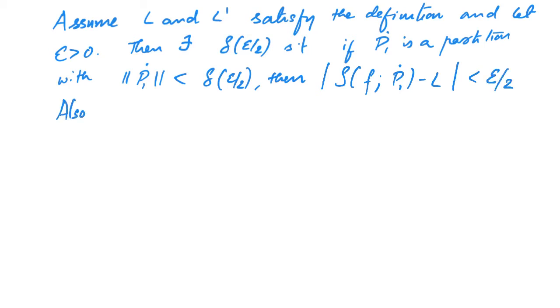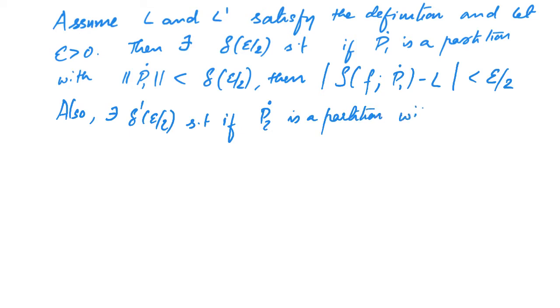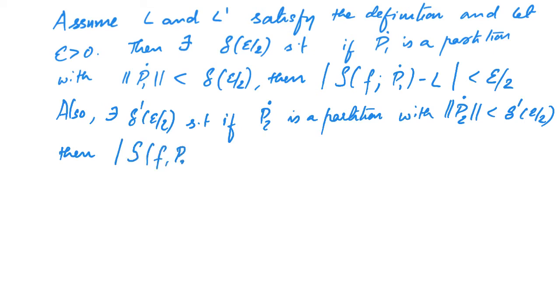Also, there exists delta dash of epsilon by 2 such that if P2 dot is a partition with norm of P2 dot less than delta dash of epsilon by 2, then mod of S of f, P2 dot minus L dash is less than epsilon by 2.